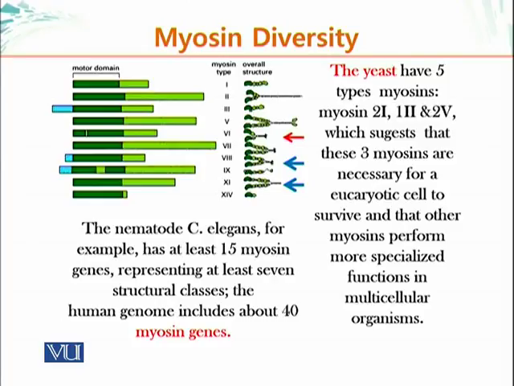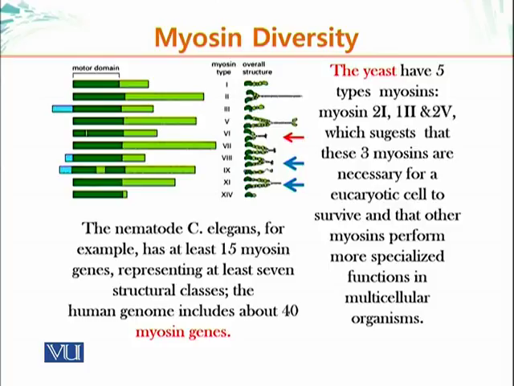Myosins are a very diverse group of proteins. Most myosins are found in all eukaryotes, and this fact suggests that myosins probably arose early in eukaryotic evolution. There are some exceptions. For example, myosin 8 and 11 are only found in plants, but others are fairly common.